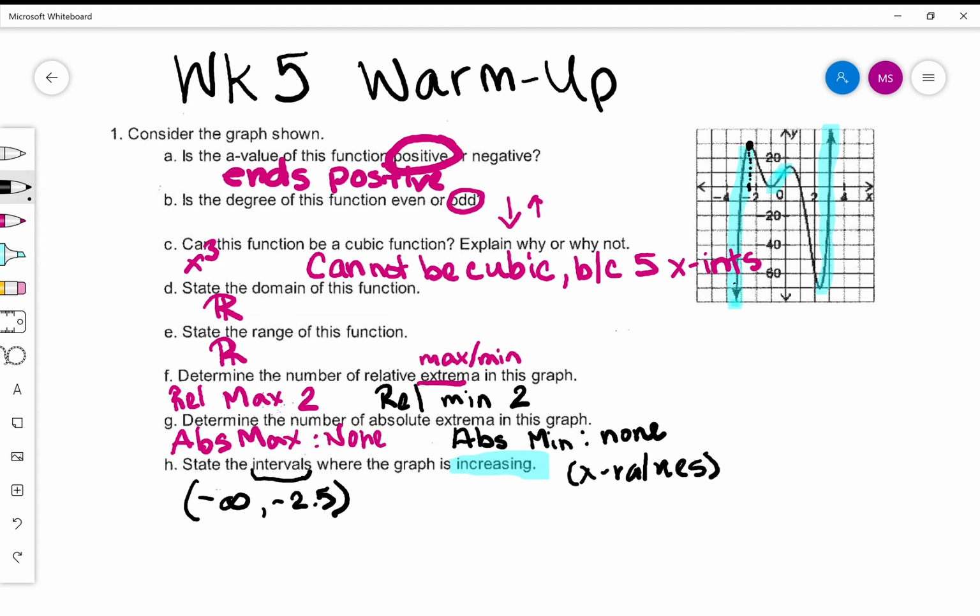All right, you can't include a number that is also going to be decreasing. So that's why we do not include that point. At that point, it has to be one or the other. It can't be both. So at that particular point, it's an increasing point, but also a decreasing point. So we do not include it. All right. So we're just going to continue.